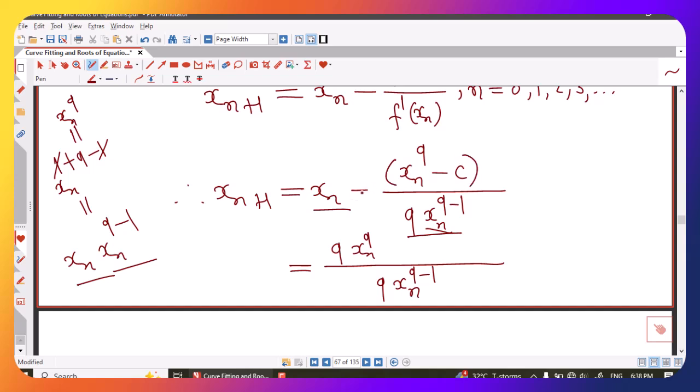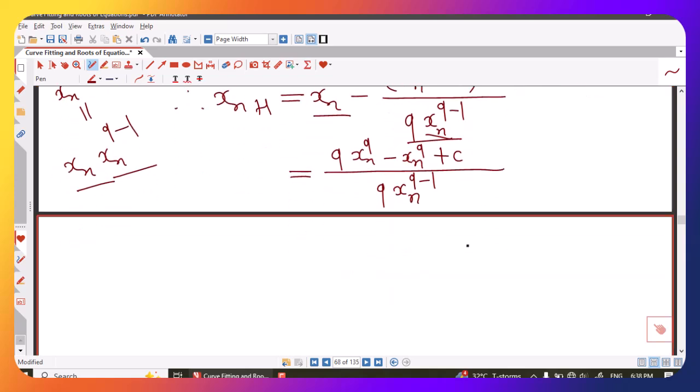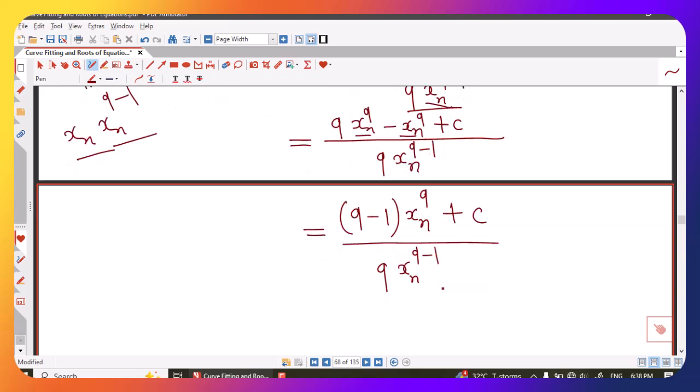So if I take the negative sign inside the bracket, I will have xn to the power q, and negative times negative is positive. Now from these two terms I can take xn to the power q common, so I can rewrite it this way: q minus 1 xn to the power q plus C divided by q times xn to the power q minus 1.